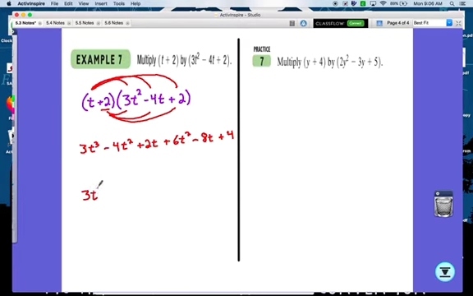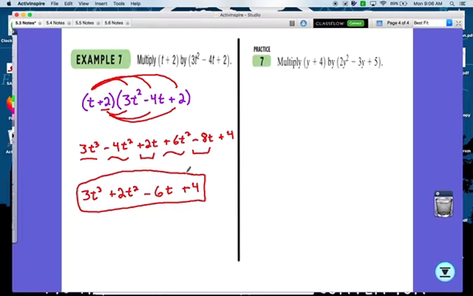The 3t cubed is the only t to the third term. And I've got negative 4t squared plus 6t squared. Negative 4 plus 6 gives me plus 2t squared. I've got positive 2t minus 8t gives me a minus 6t. And then I've got the plus 4. That's it.